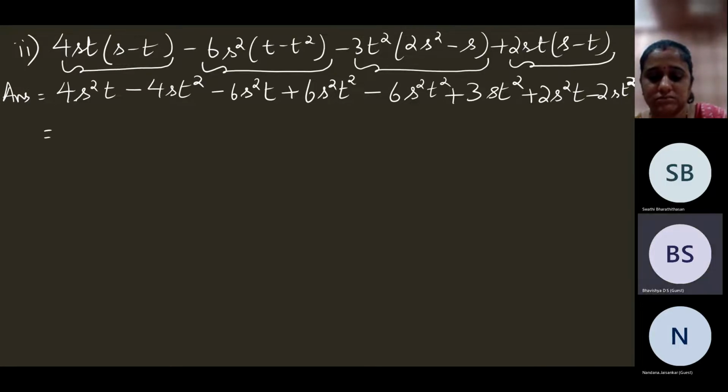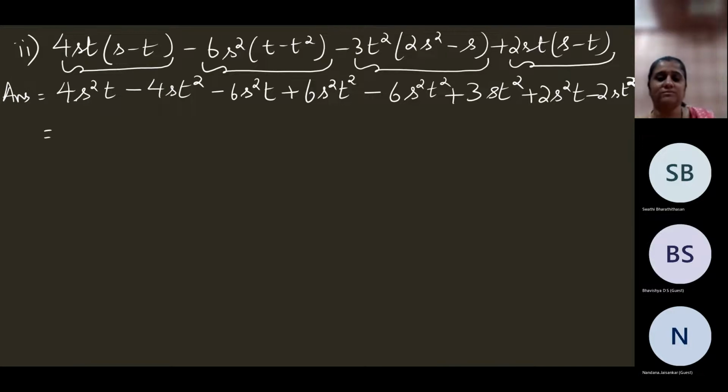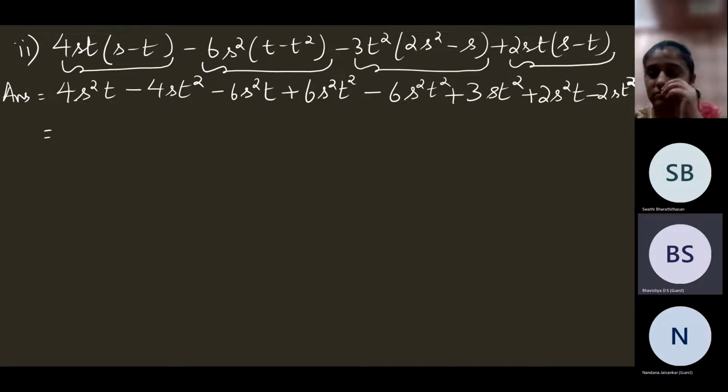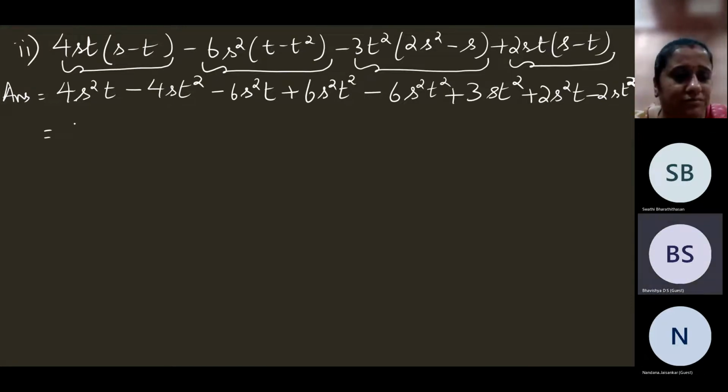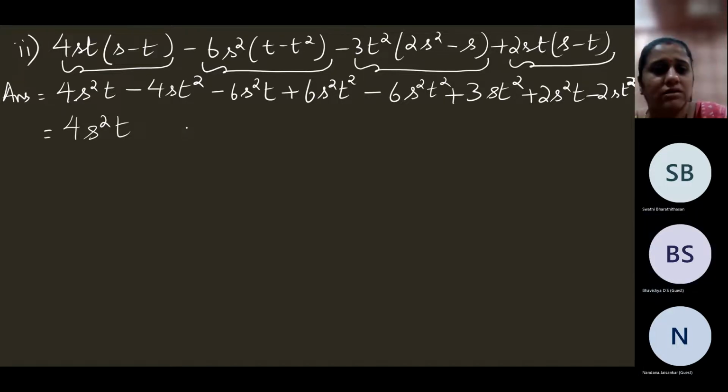Ma'am, I have grouped it, ma'am. What's the final answer? Ma'am, I haven't done the final answer, but I have grouped that. Oh, you've grouped it. Tell me. Ma'am, 4s square t. Any other s square t? Minus 6s square t.